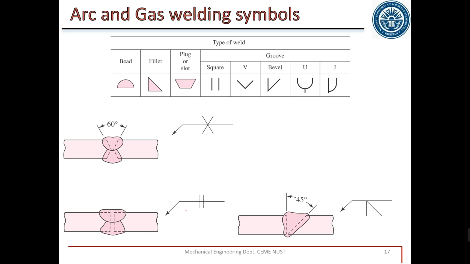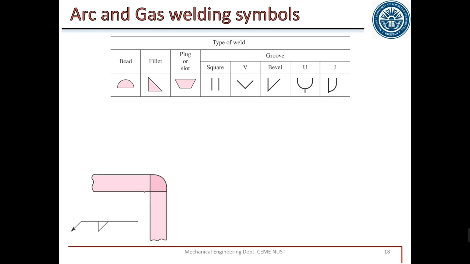One surface is flat and the other surface is cut at 45 degrees. So we have a bevel joint. 60 degrees, and 2 means 2 mm of gap between two parts, and both the surfaces are cut so that they make a V.